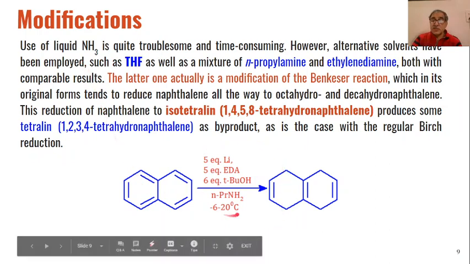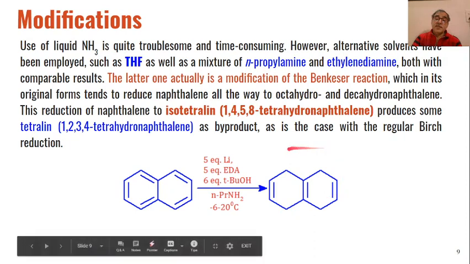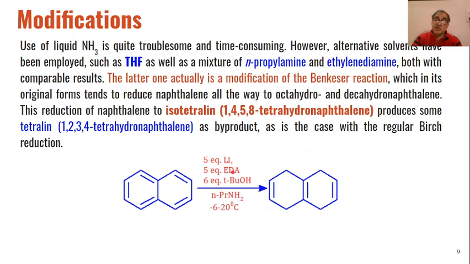So when this is done, this is partially reduced to this type of partially hydrated naphthalene as the product. So we are getting 1,4,5,8 tetrahydronaphthalene as the product when lithium is used in combination of ethylene diamine and N-propylamine.